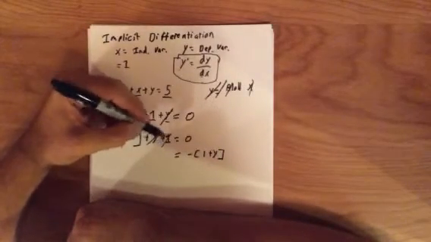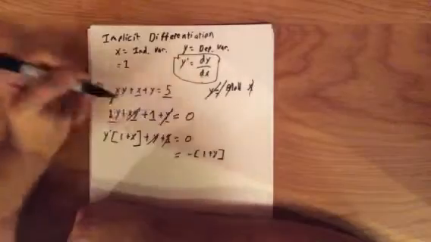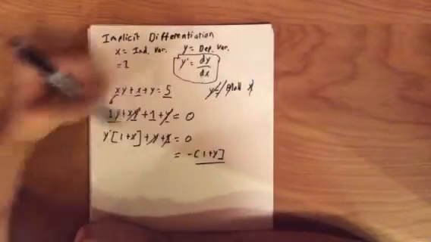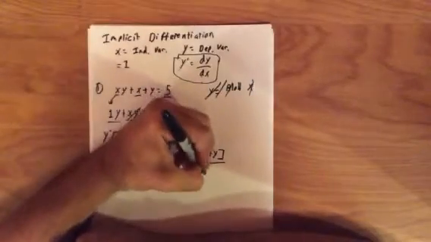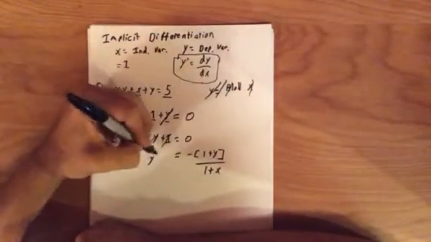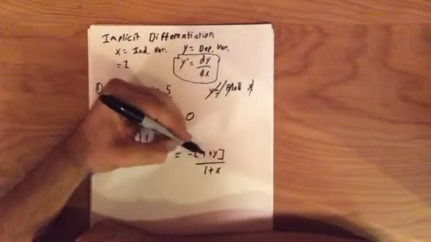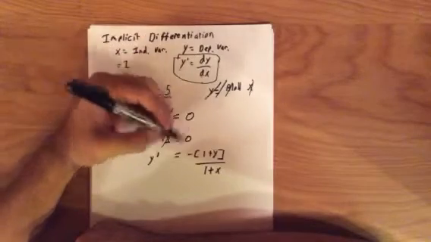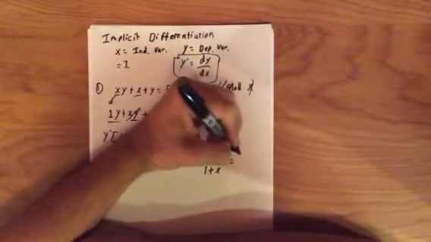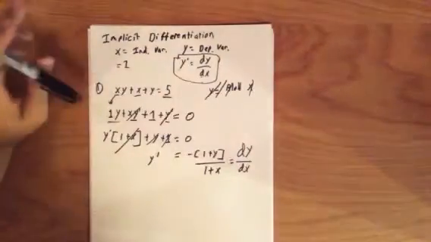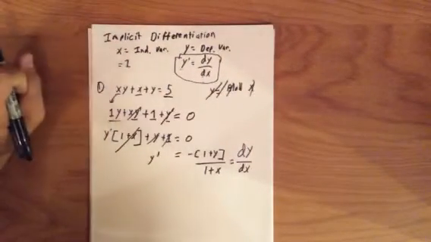So we subtracted the 1, we subtracted the y, took them over there, put the negative sign out front, and then we're going to divide the whole thing by this 1 plus x. That takes care of that, so we get y prime is equal to negative 1 plus y over 1 plus x. And if we wanted to, we can say that that's also equal to dy dx, just to cover all of our bases.